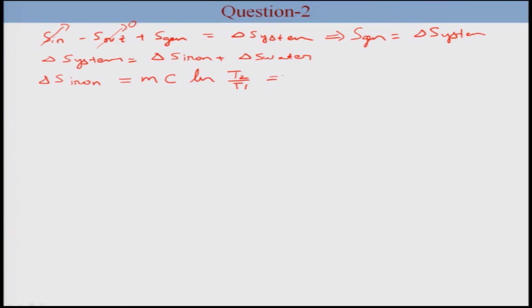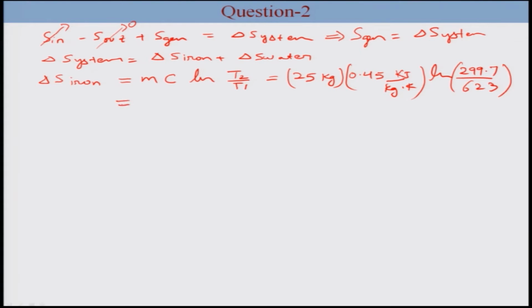So, this is equal to 25, which is the mass, multiplied by specific heat 0.45 kilojoule per kg Kelvin into ln of T2, as we have calculated previously, divided by T1. So, this gives delta S for iron as minus 8.232 kilojoule per Kelvin.